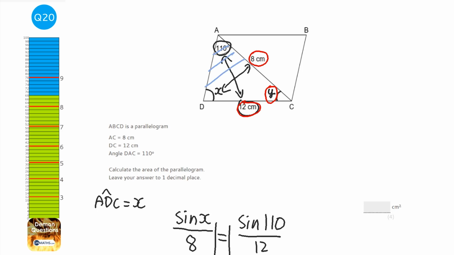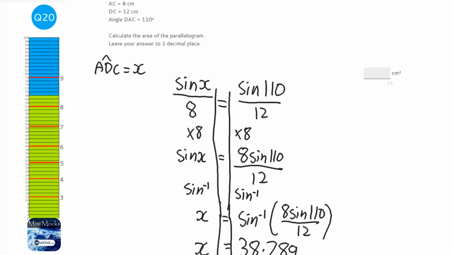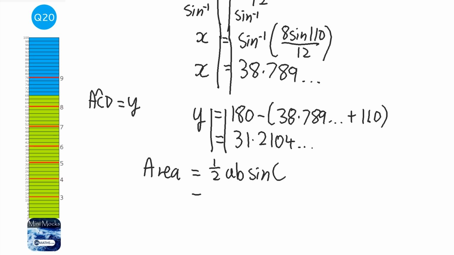We've got a triangle here, and then we've got an identical triangle here, and it is identical because the diagonal of a parallelogram cuts it in half exactly. So what we also need to do is times this by 2.